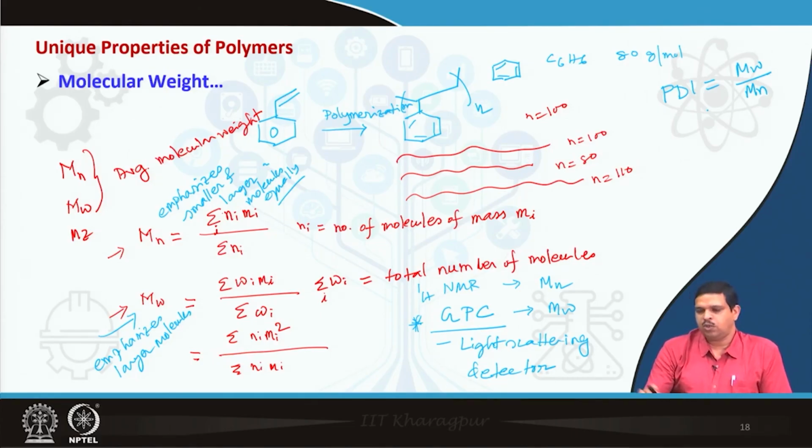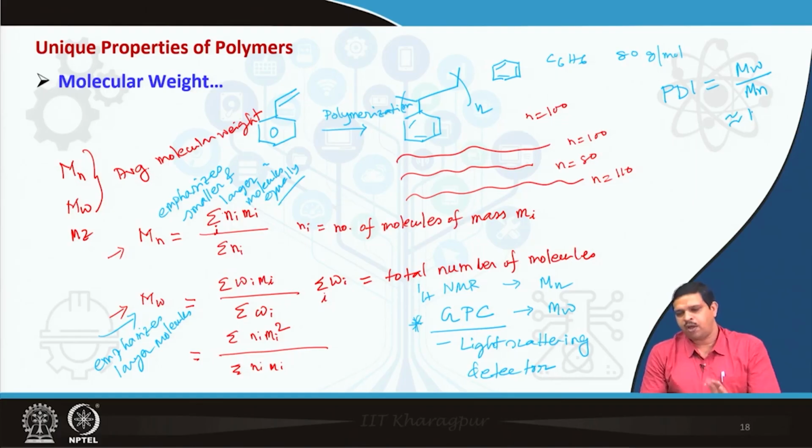Sometimes we make the PDI purposefully 2, when I need properties like flexibility, for example for polyethylene used in packaging materials and soft materials. That means the PDI will be much more than 1.